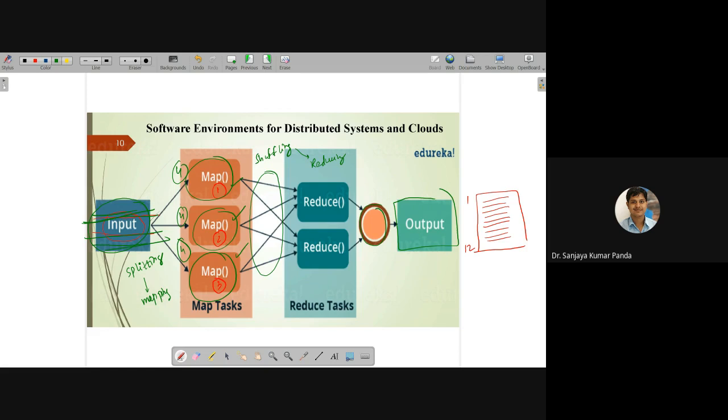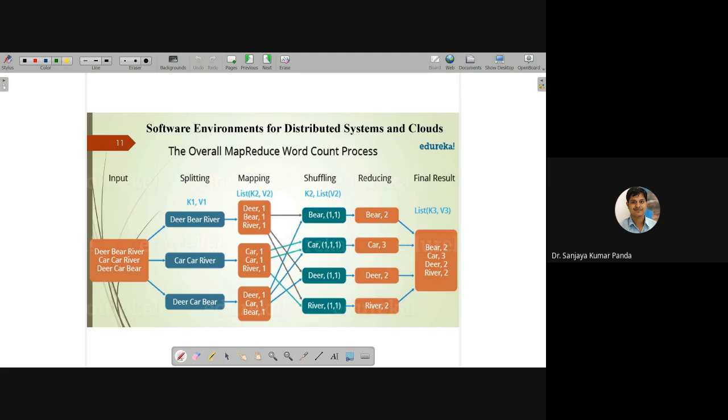For example, here I have given 3 different sentences: one is deer, beer, and river; another is car, river; another is deer, car, beer. These are the 3 different sentences given in a text file. What is your output? The output is the occurrences of each and every word.